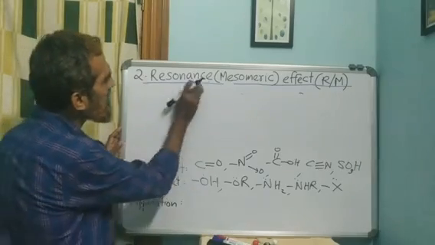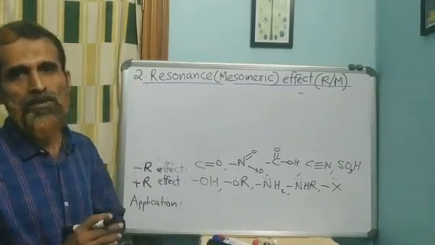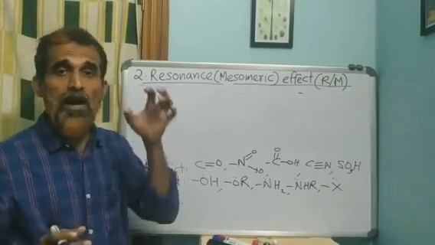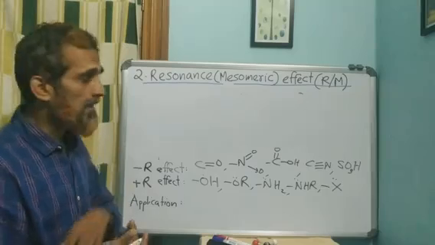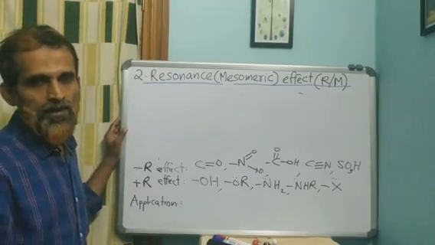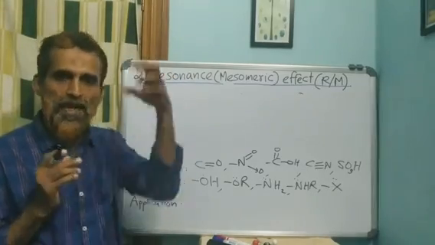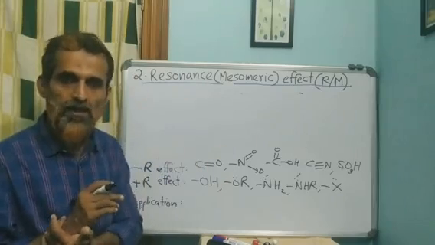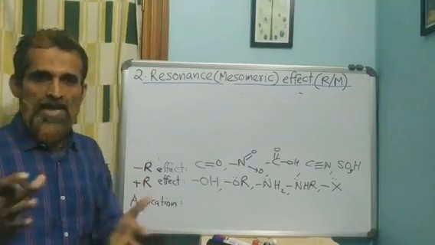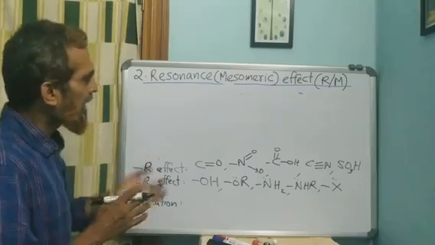The point here is the reactivity of benzene towards this electrophilic substitution reaction is highly influenced by the substituents present on the benzene ring. That means if benzene is carrying one functional group like nitro group, OH, NH2, etc., then the reactivity of that benzene ring is influenced.